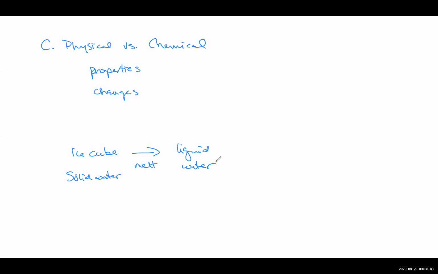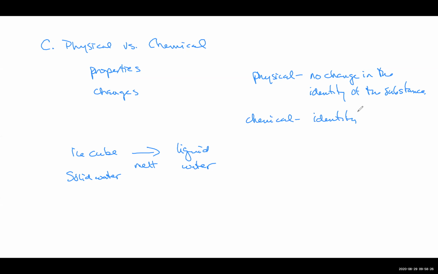Well, the difference is, if it's physical, there is no change in the identity of the substance. If it's chemical, the identity changes. Or you could say a new substance, new meaning a different one, not like never discovered, is formed.